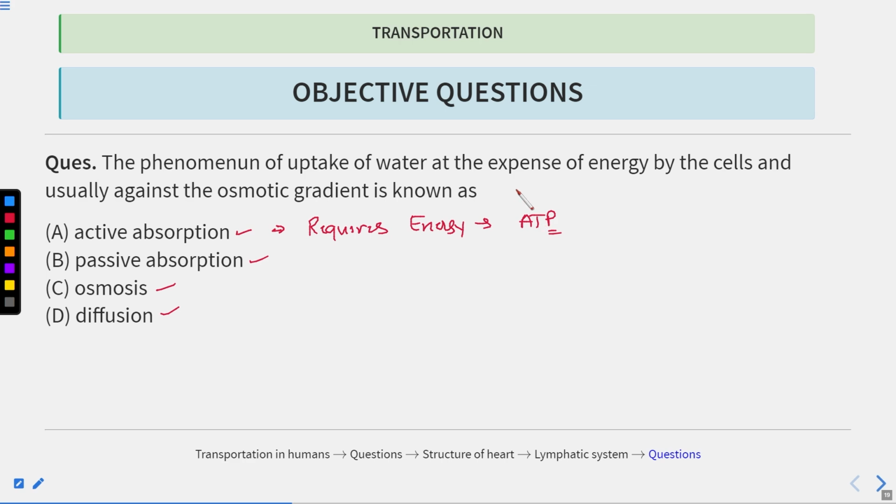These processes which require energy are known as active processes. Here the uptake of the water takes place, that's why we are calling this process active absorption. In active absorption, there is the movement of the water or the solvent molecules against the concentration gradient.